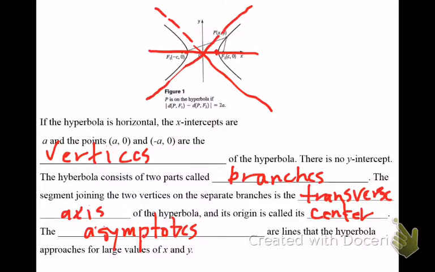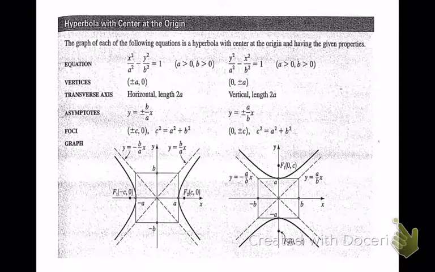All right, any questions on the terminology? Here's the summary of the hyperbola then. The hyperbola is x squared over a squared minus y squared over b squared equals 1.